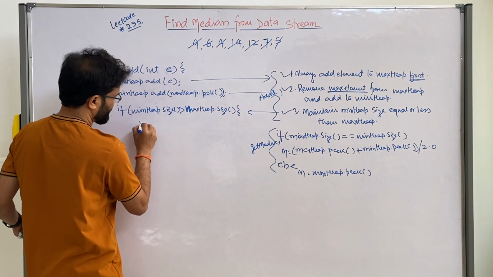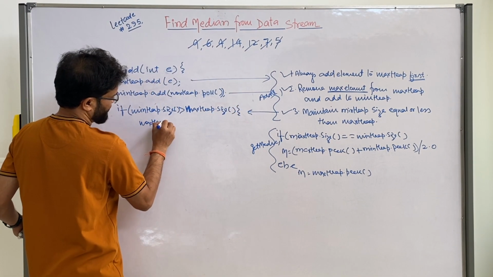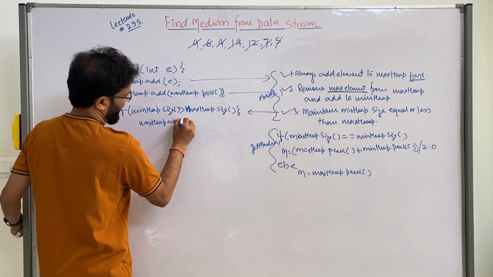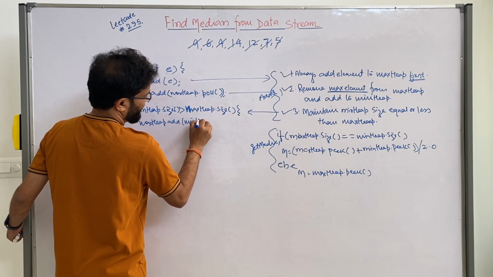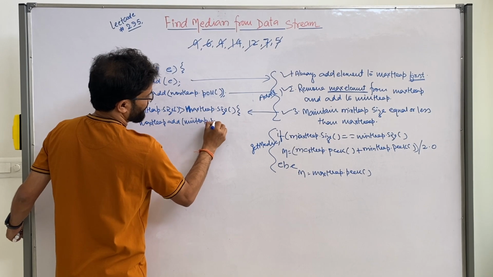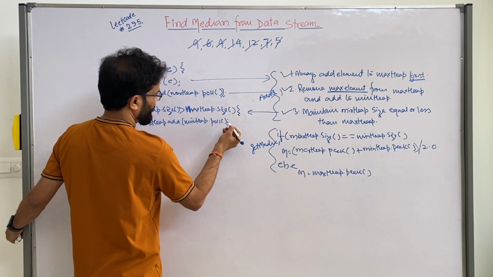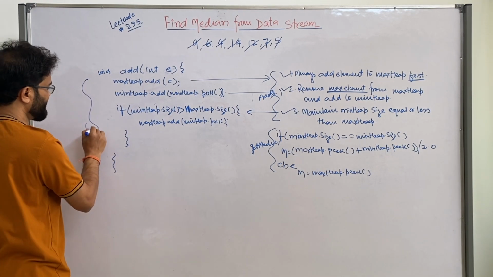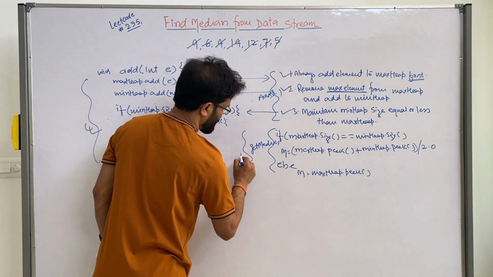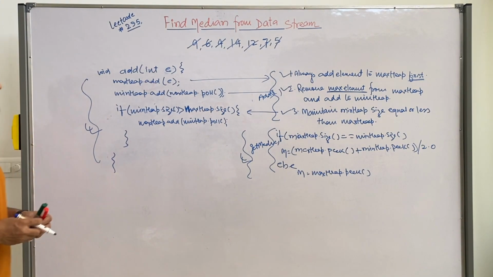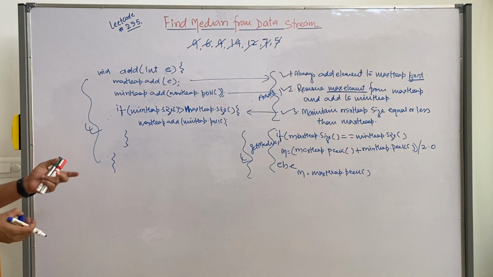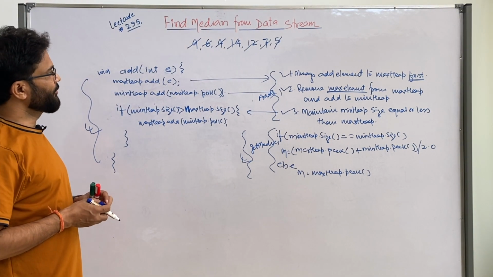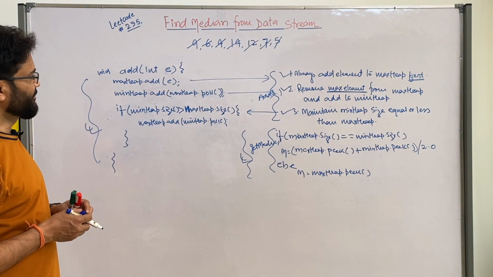So max heap add min heap poll. So this is your whole code, and I think this is very minimized code. So far I have checked it, and that will work fine. Let me show it on the laptop to see how it is working there, for more understanding, right?